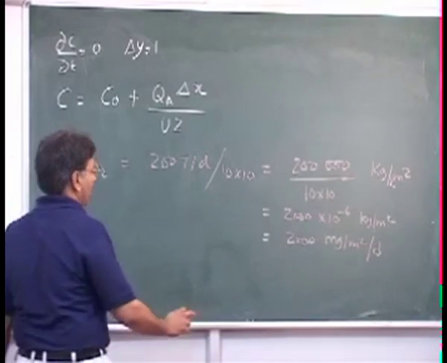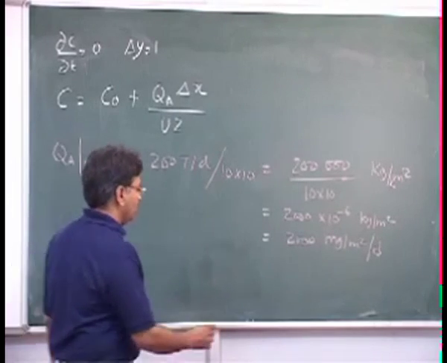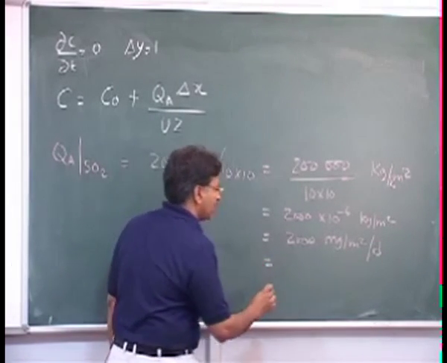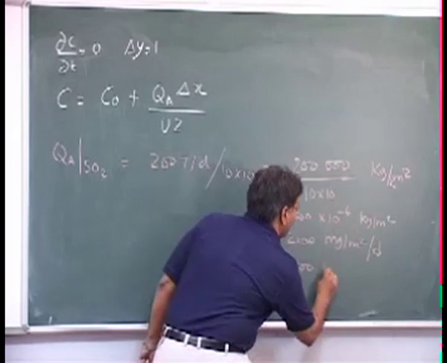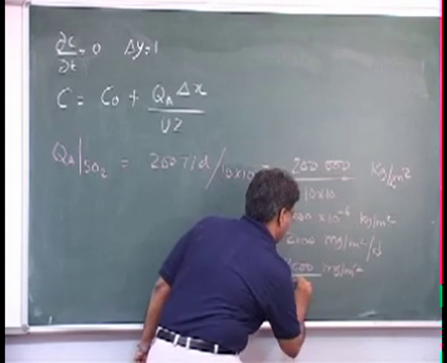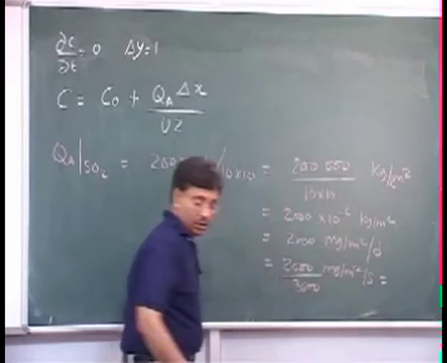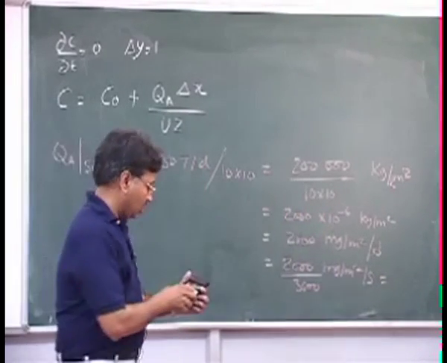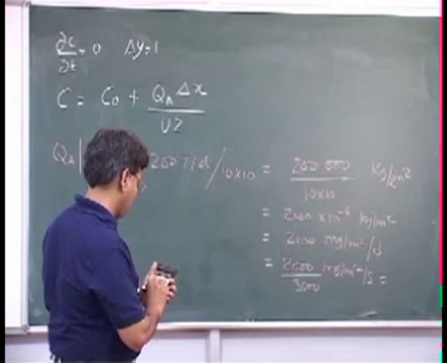Okay, and suppose this is the emission that we are talking about. Okay, let's also do this one in terms of seconds. 200,000 milligrams per meter square. And I have the calculator, so I'll do that. 2000 divided by 3600.